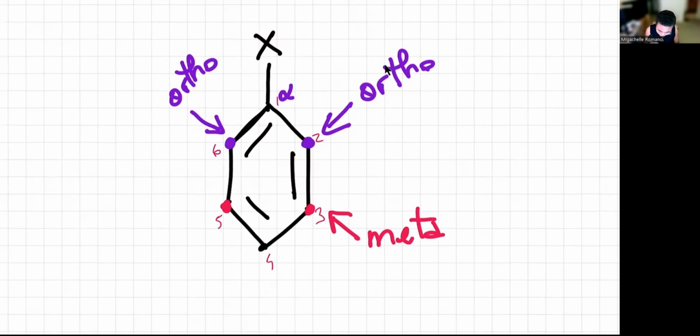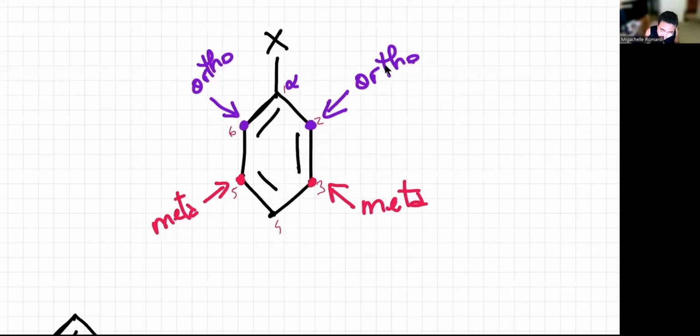Carbon 5 is also at the meta position. And the carbon exactly on the other side, carbon 4, is the para position. So whenever I talk about the ortho position, you know those are the carbons connected to the alpha carbon, then meta and para positions.